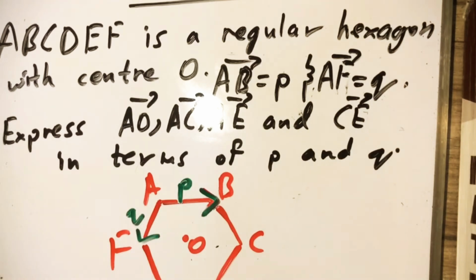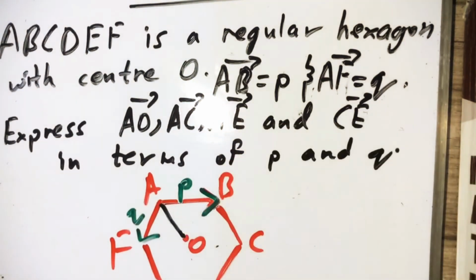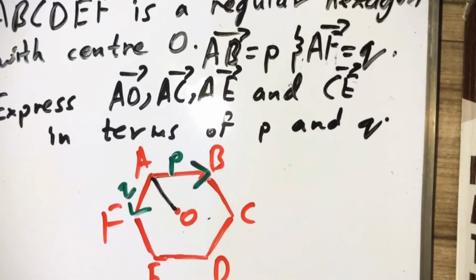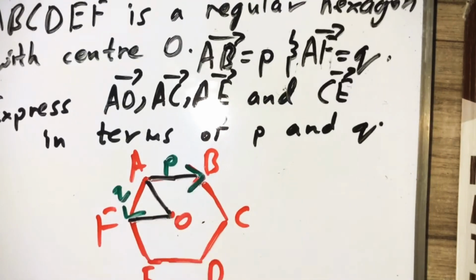So for AO, this is AO. Now in a regular hexagon, this length and this length are equal.